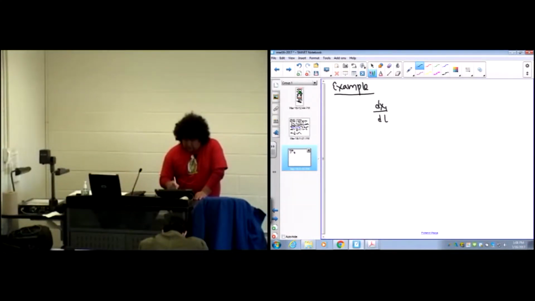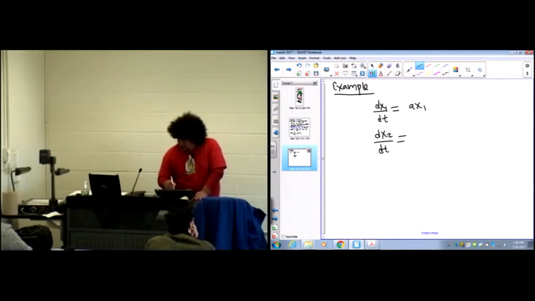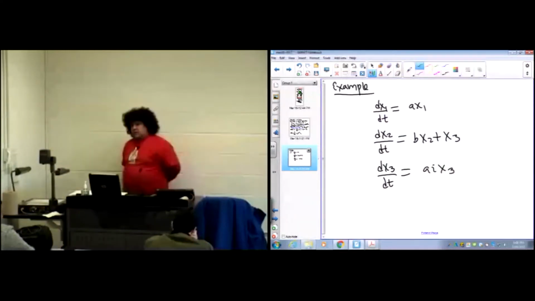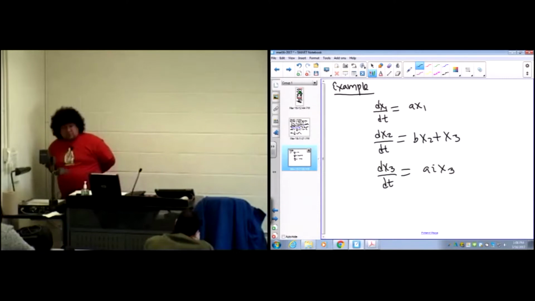So the first thing we're going to do is rewrite this in matrix vector notation. Okay, so the first equation we can think of as a x1 plus 0 x2 plus 0 x3.